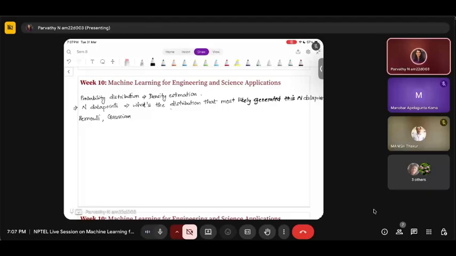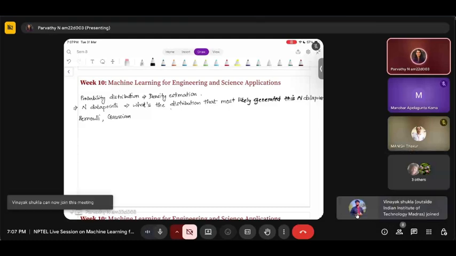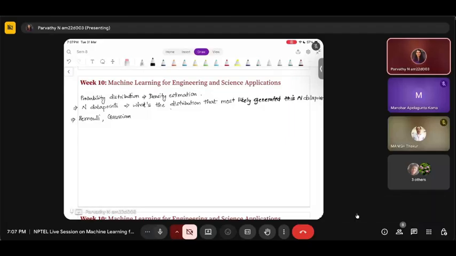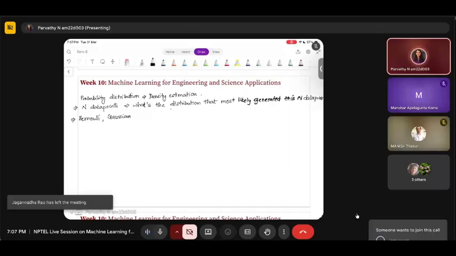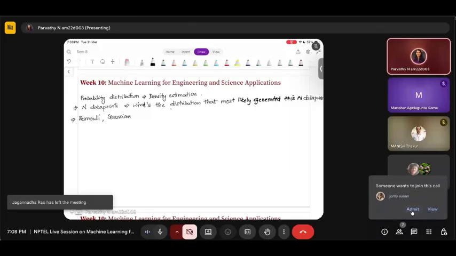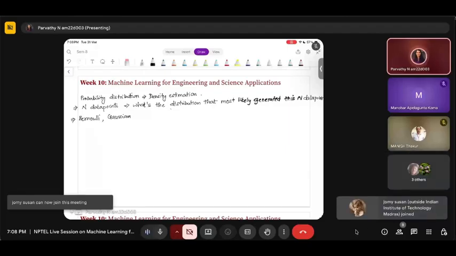For example, Bernoulli has only a probability, and Gaussian has only a mean and a variance. So these two are considered. Now, in these two, there are some parameters, like I told, either the probability or the mean and the variance. These parameters need to be estimated.